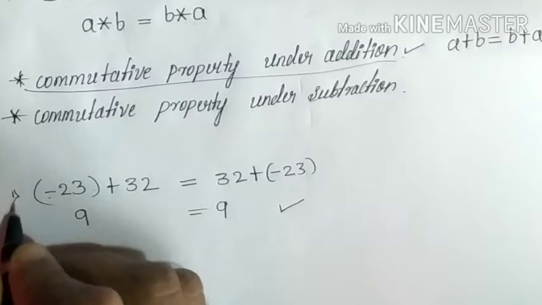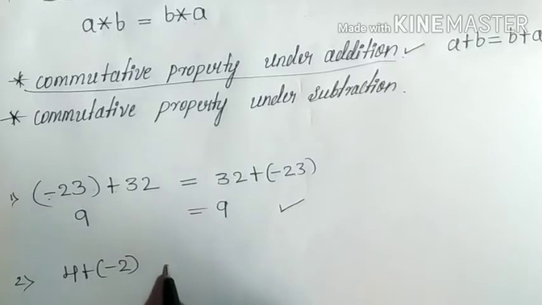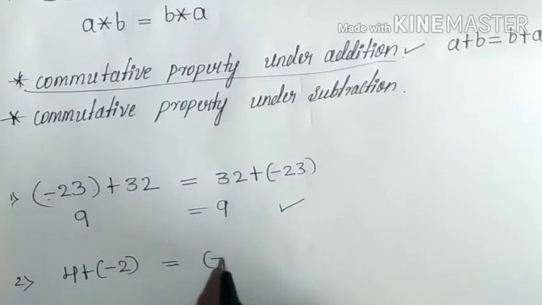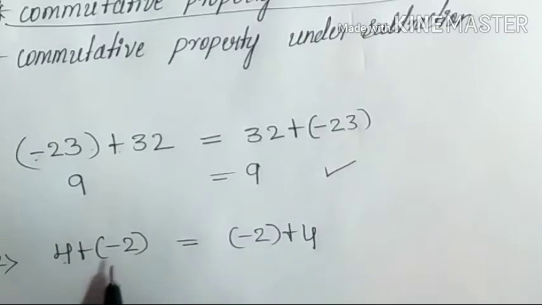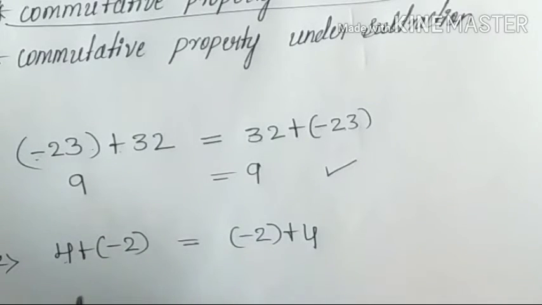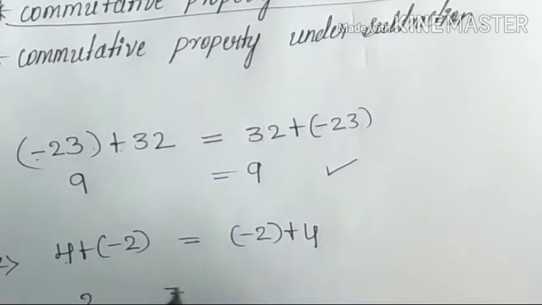And one more example I will take: 4 plus minus 2 is equal to minus 2 plus 4. Plus minus is what? Minus. So you have to subtract these two numbers. 2 is coming, and the greatest number has the plus sign.